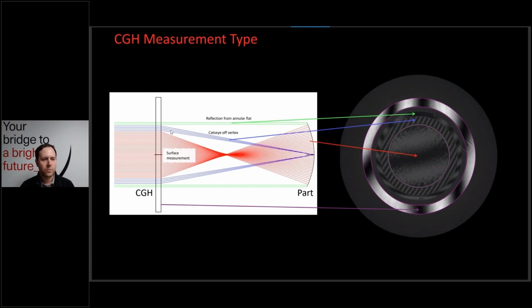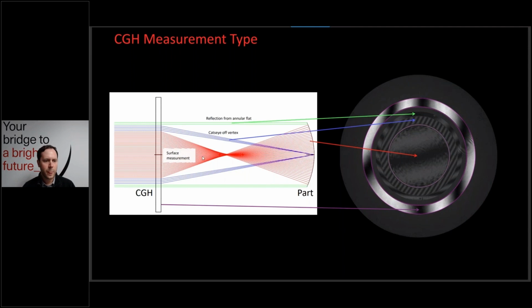Next, then we have in blue these rays here that are generating this cat's eye reflection or fringe pattern that goes to the center of the parabola, reflects back to our system, and then generates this fringe pattern just in here, just inside of that annular flat. Now, when these fringes are straight line and parallel, that is indicating that our Z position or position along the optical axis is set properly and our parabola is at the correct radius of curvature, basically.